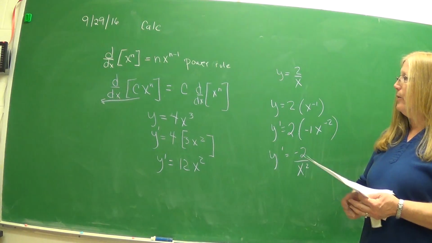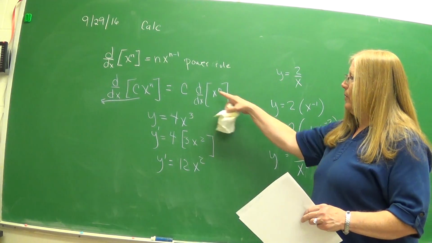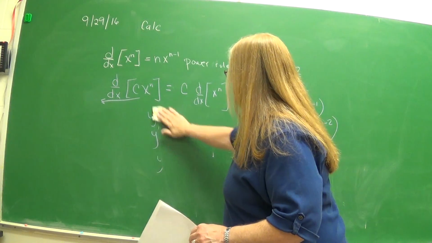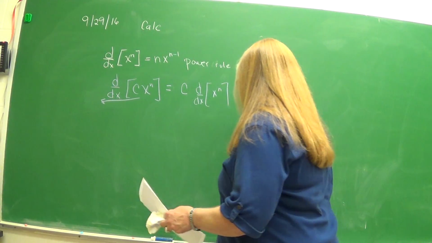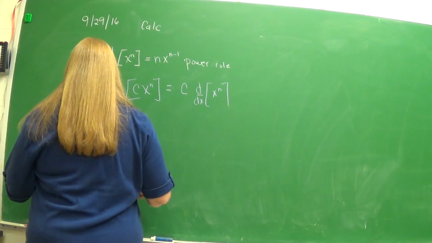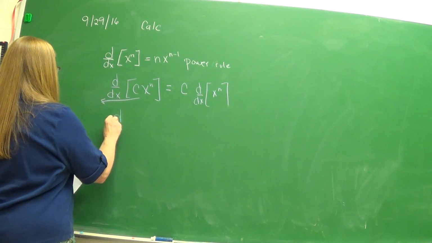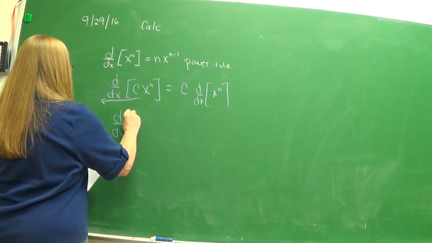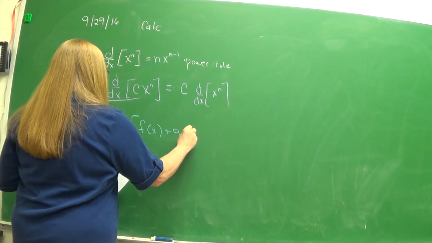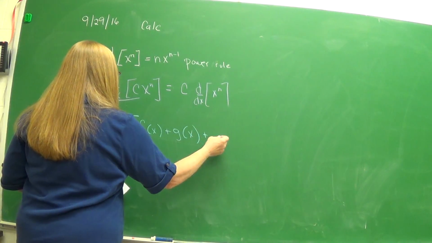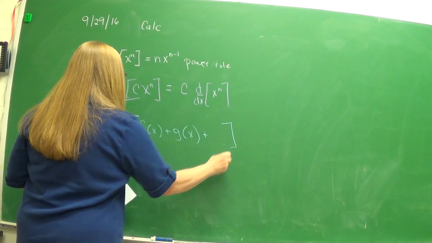Before we close it down for tonight, there's one more general expression I want to increase your knowledge by, and that is what happens if I have the derivative of several functions added together. It doesn't matter how many I add together.